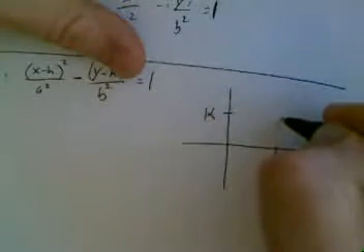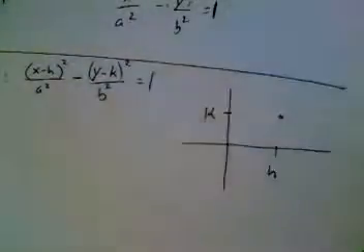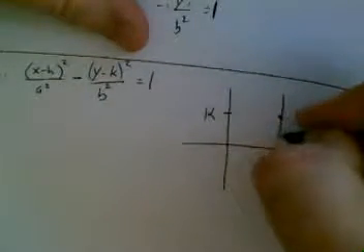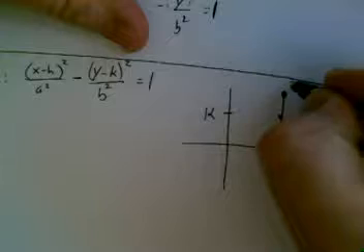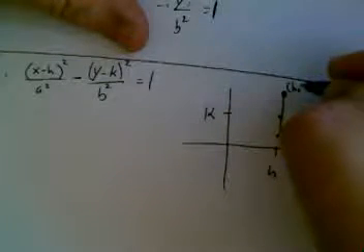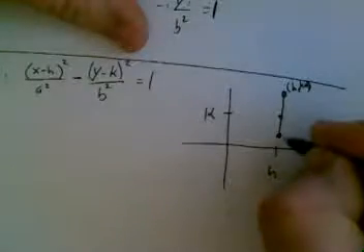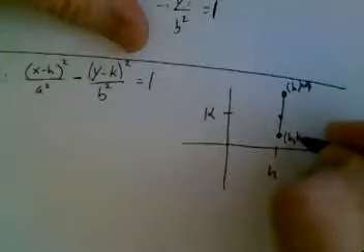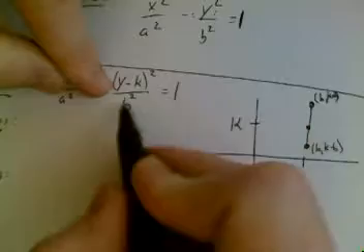That's the so-called center, where it's really just the intersection of the conjugate axis, such that the point at the top of the conjugate axis is h comma k plus b, and this is going to be h comma k minus the b value. Notice the b value sitting here.